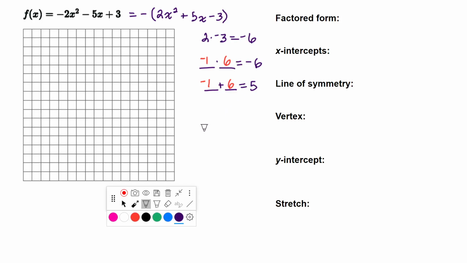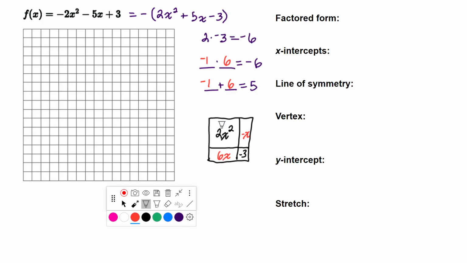And then I'm going to use the area model to help me with my factoring. So we know we have 2x squared. We know we have minus 3 units. We need to find the rest of the information. We also know we're going to use a negative x and a positive 6x.